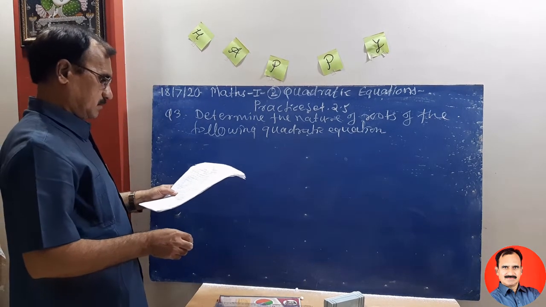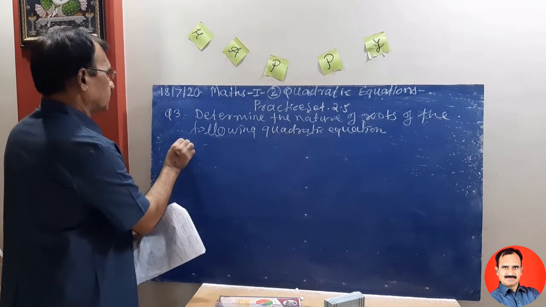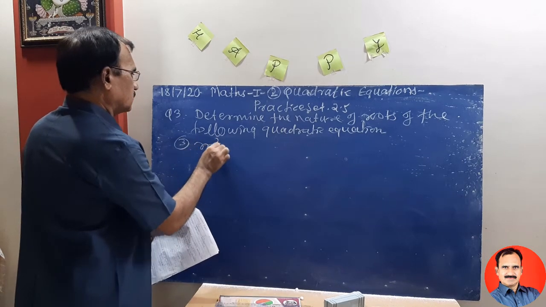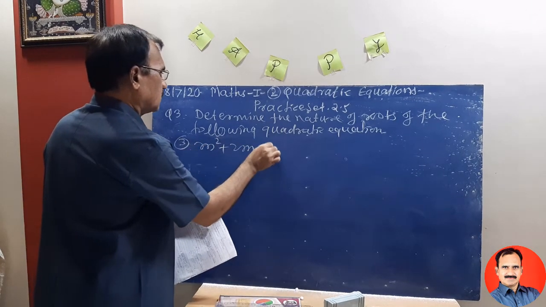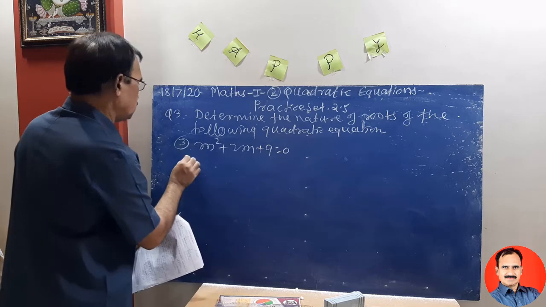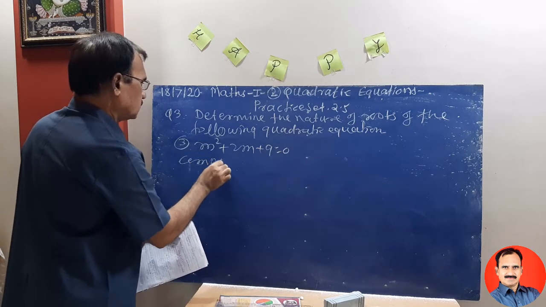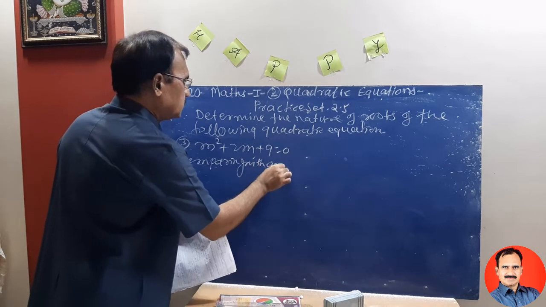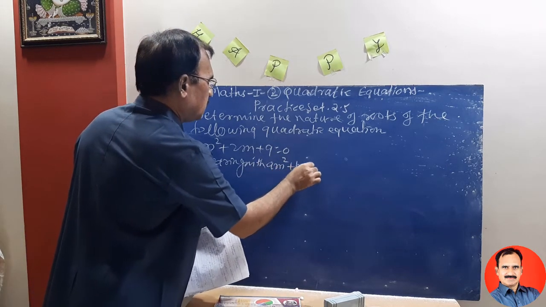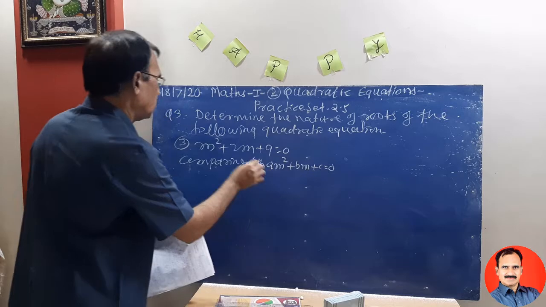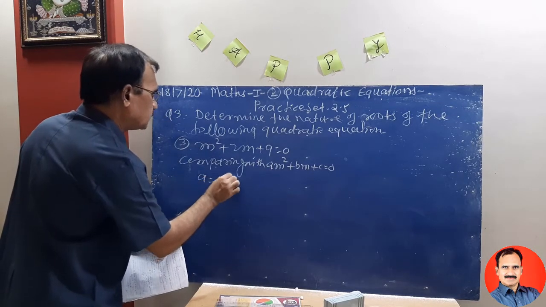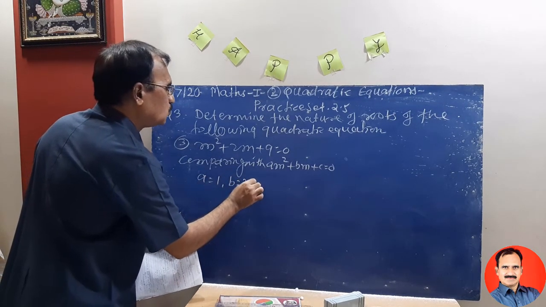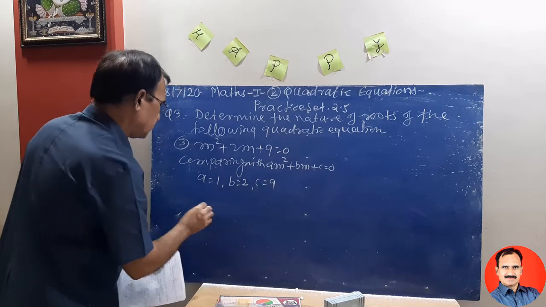m square plus 2m plus 9 is equal to 0. Comparing with am square plus bm plus c is equal to 0, a is equal to 1, b is equal to 2 and c is equal to 9.